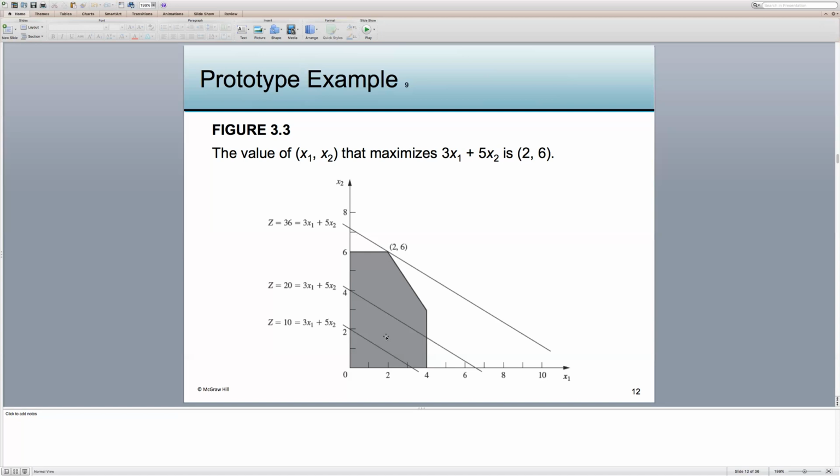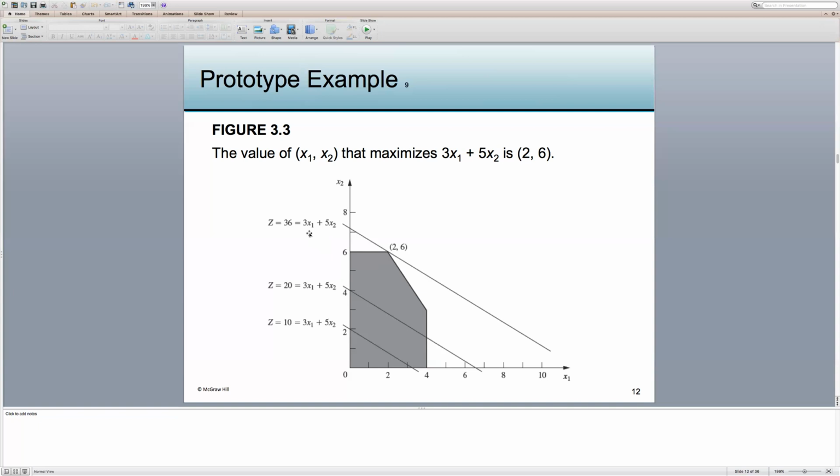And we want to find the choice of x1 and x2 which maximizes the profit, which gives us the largest value of z. If you look at all these parallel lines, the higher up the line is, the greater the value of z. And the point in this feasible region that reaches the highest line is right here at this corner point, (2, 6).